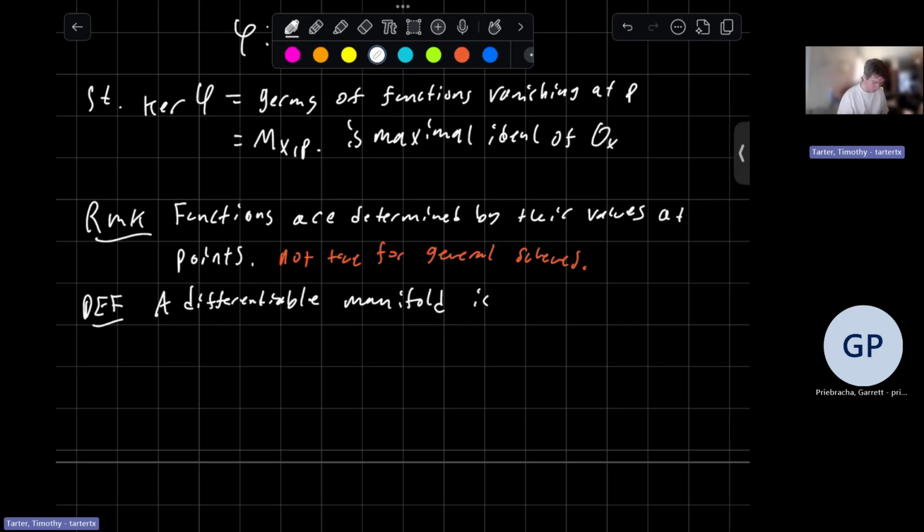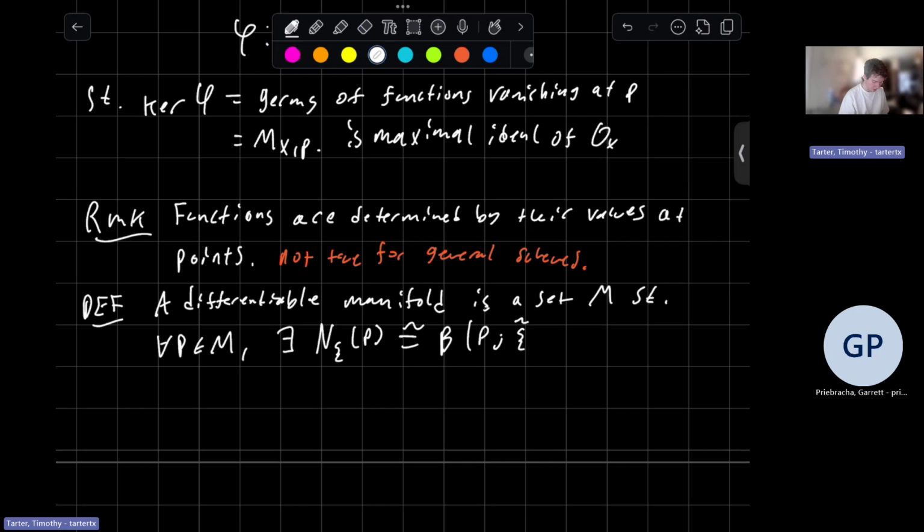Manifold: a set, I'll call it M for manifold, such that for every P in M, there exists a neighborhood around P which is isomorphic to an open ball around P in Rn.